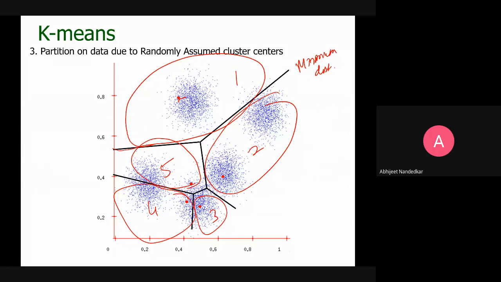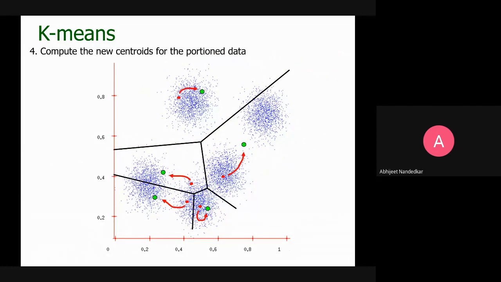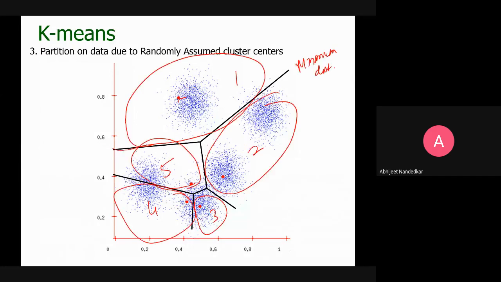But no doubt these centroids are not proper and they are not representing true centroids of our data. So what is to be done? So we will go to the next step. Here we compute new centroids for the partition data. As we have seen, we have this group, suppose group number 1.